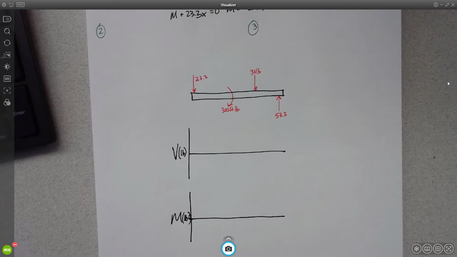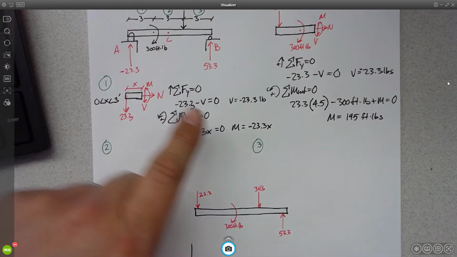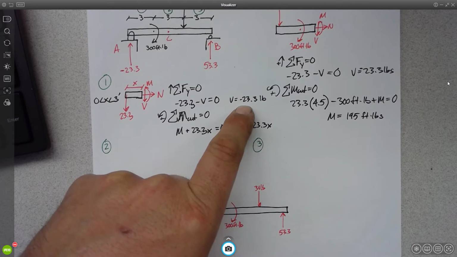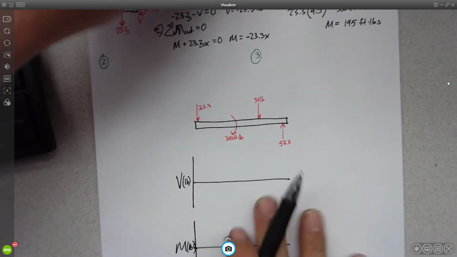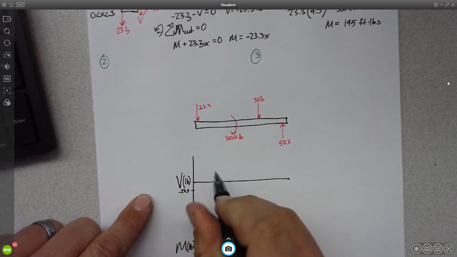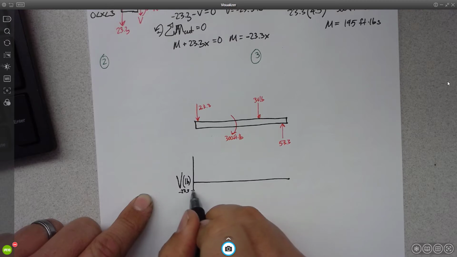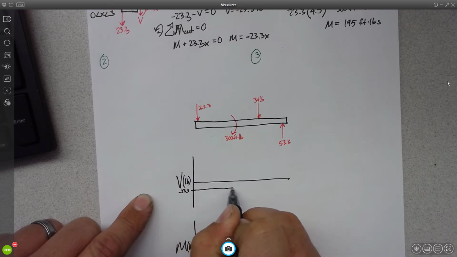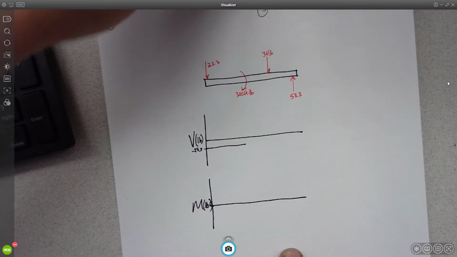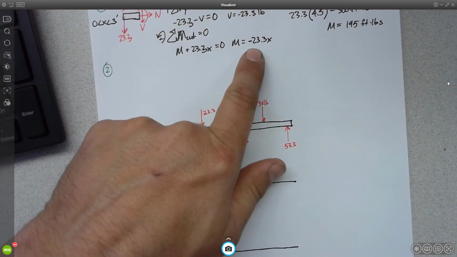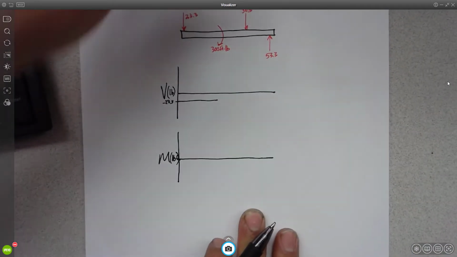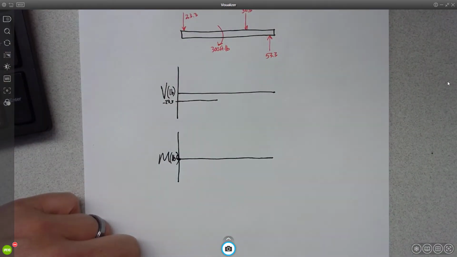So if I go back up to my equations for region 1, it says from 0 to 3 feet, I have negative 23.3 pounds. So I'm going to come to here, negative 23.3, 0 to 3 feet. For my bending moment, I determined that I had negative 23.3x. So that means at 0, I'd have 0.